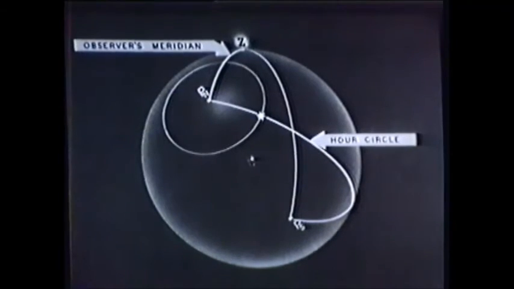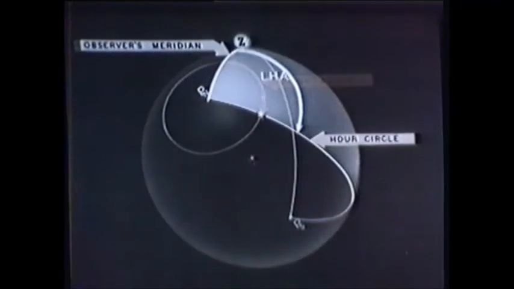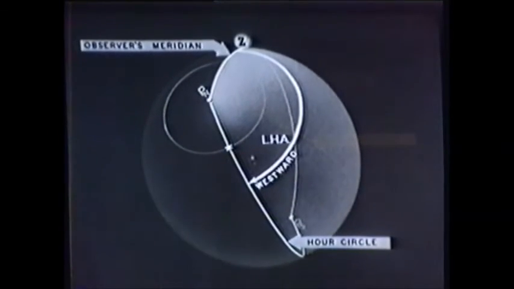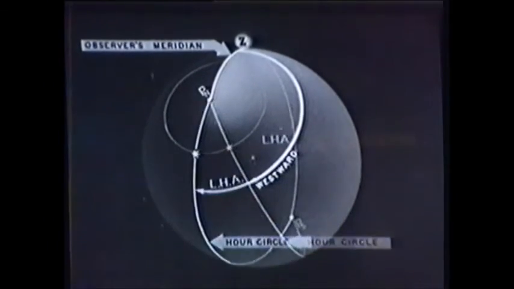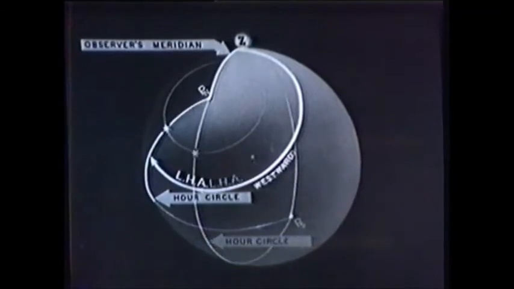If stopped at any instant, the angle between the meridian and the body measures the hour angle of that body. The angle between the observer's meridian, that is, the local meridian, and the hour circle through the body is called the local hour angle. This local hour angle is always measured to the westward.